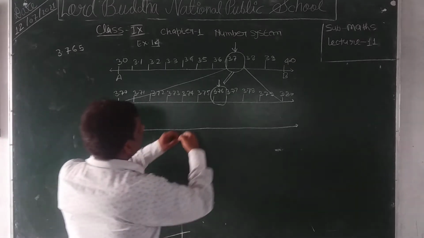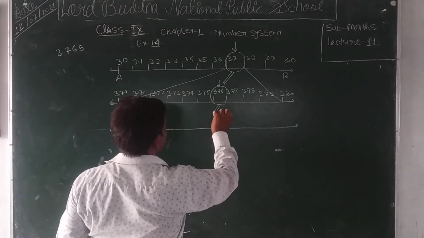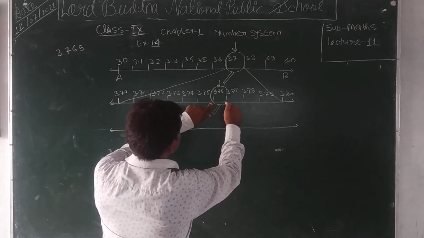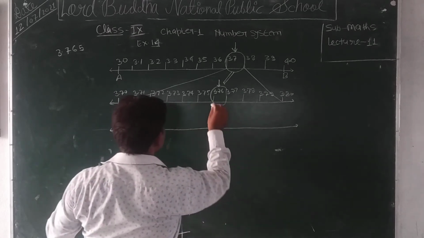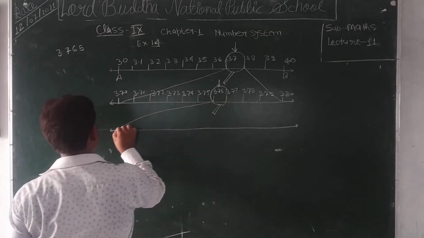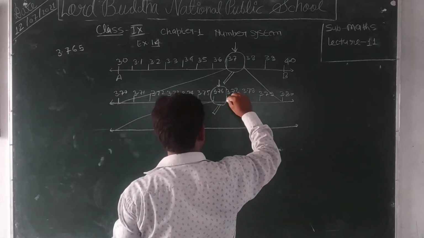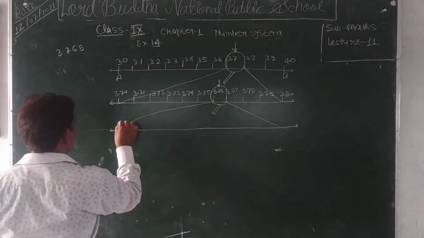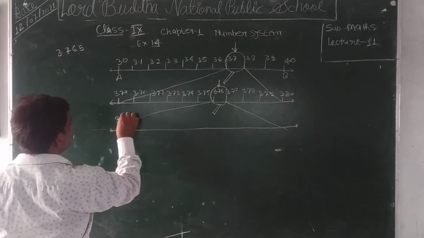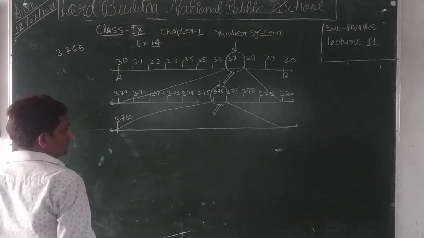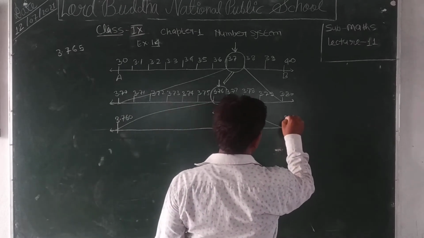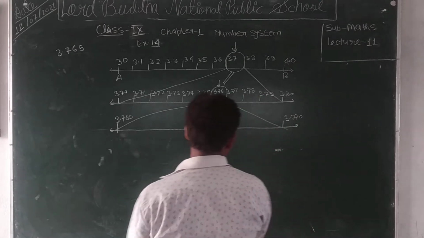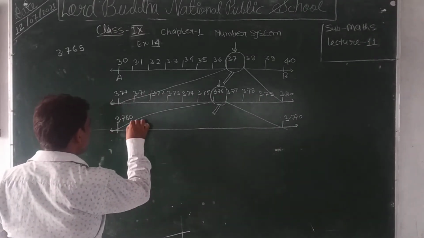Now, when you magnify it with the help of a magnifying glass, points 3.76 and 3.77 appear somewhere here. This is 3.760 and this is 3.770. Clear?